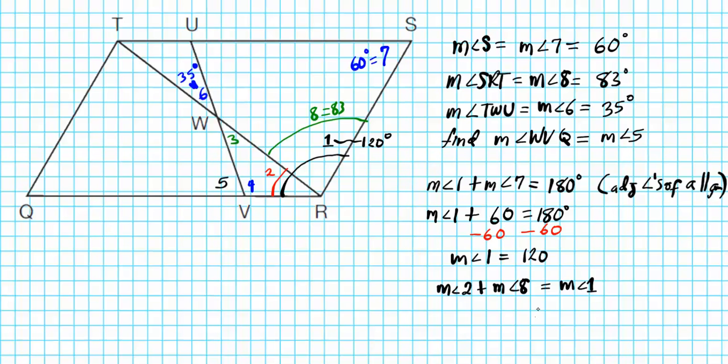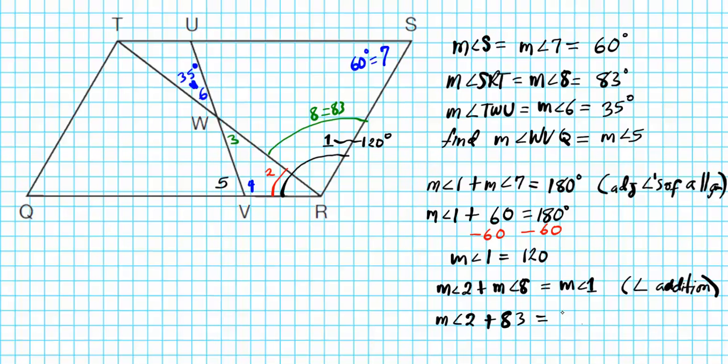Okay, these are a pair, they add up to measure of angle 1. So this is using angle addition. Now we can find out what measure of angle 2 is because we know what 8 and 1 are.